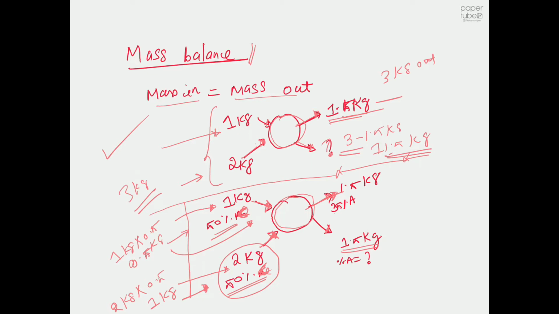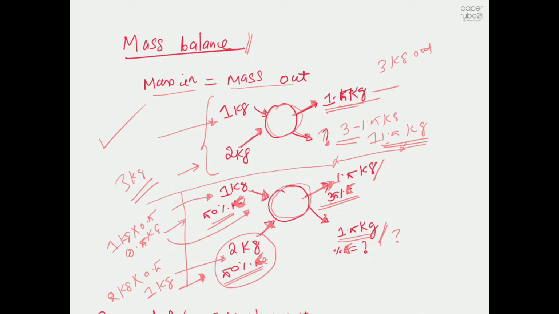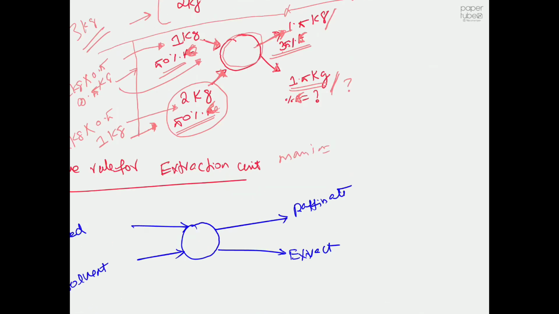And if you look at the output here, I just assumed that in one of the outputs we have 35% C coming out. So 35% C in output stream 1, and in output stream 2, if I ask you to calculate the percentage of C that comes out, how do you calculate that? Again the same rule, mass in equals mass out.